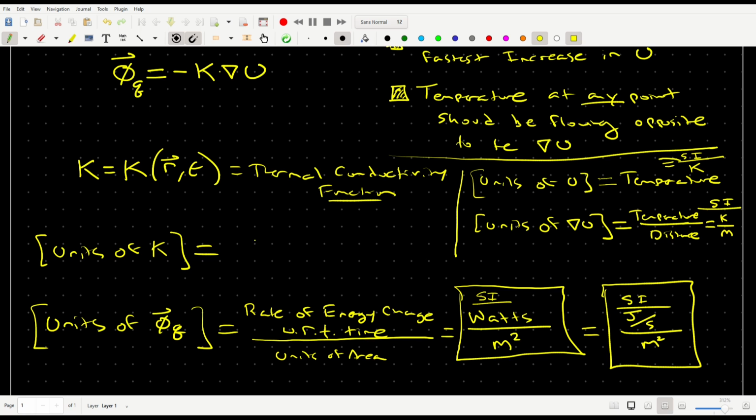So this expression has to have units of the rate of energy with respect to time, over length times temperature. Or in SI, watts per meter Kelvin.